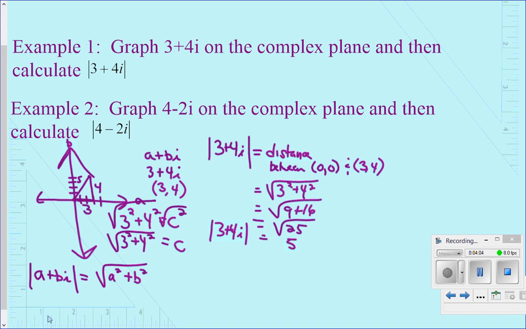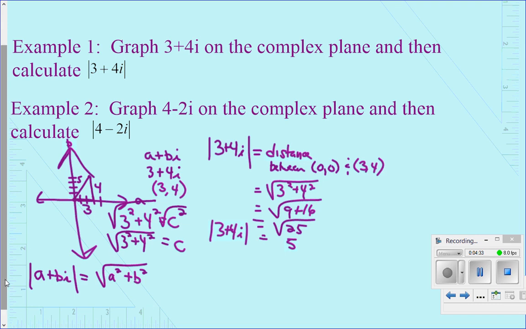The way we find the distance for a complex number between (0, 0) and that point on the complex plane is using the Pythagorean theorem. You don't have to go through and draw the sketch and use the Pythagorean theorem. You can just use the square root of a squared plus b squared. I was just explaining where that formula came from. It came from the Pythagorean theorem.